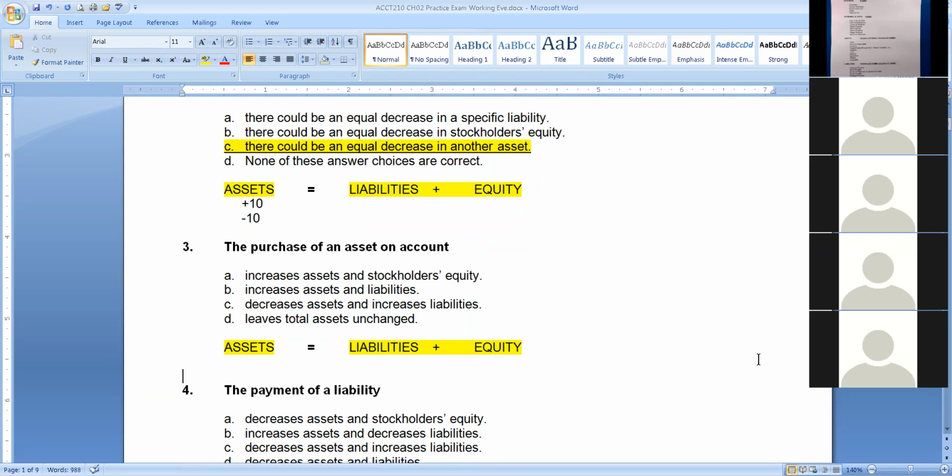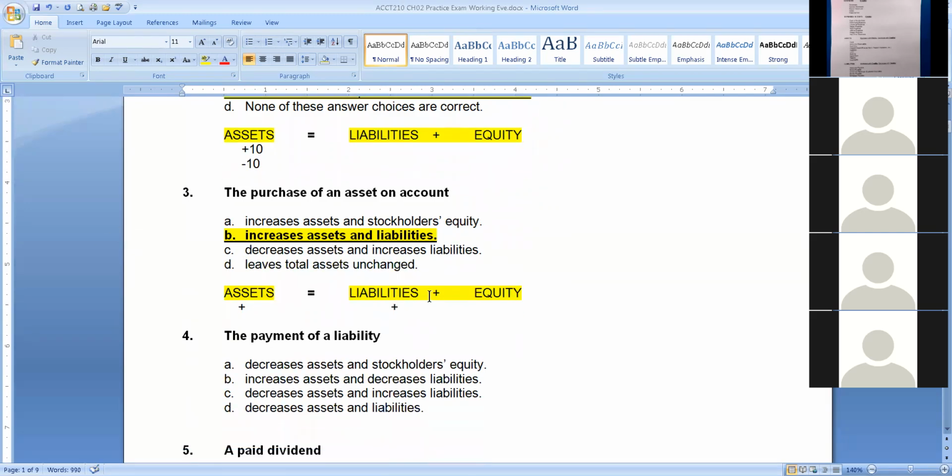It's B. So we purchase our asset on account, so our assets are going to go up some amount. They don't say how much it is. And then our liabilities, our accounts payable, is going to go up, and they'll still be in balance, right? Plus on this side, but whatever amount it is.